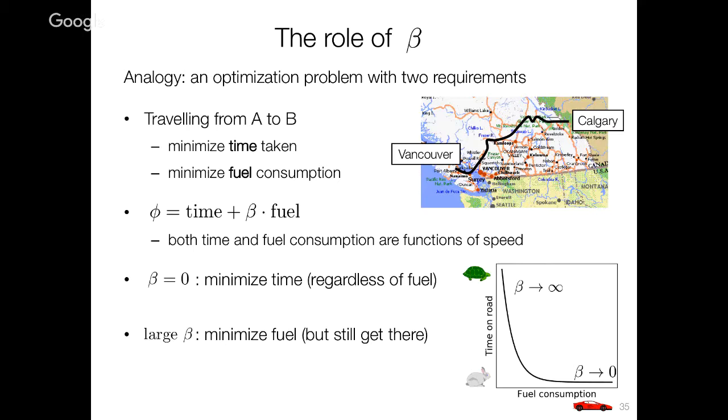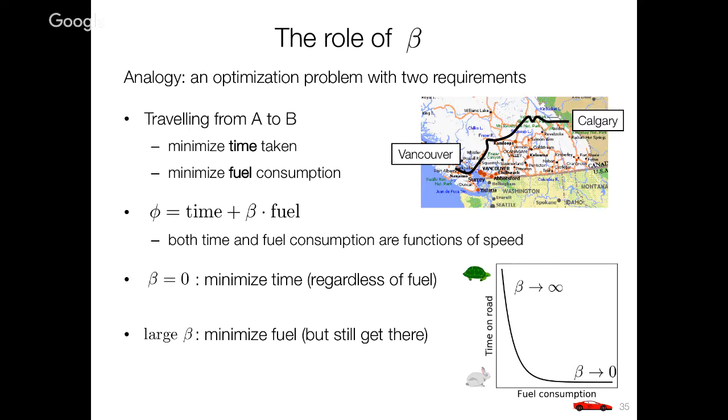So here's how we could tackle the problem. We could think of an objective function which is both time and fuel. We're going to add them with the relative weighting of beta. And so we want to minimize both of these things, and they're both a function of the speed. So if beta is equal to 0, then we're just minimizing the time.